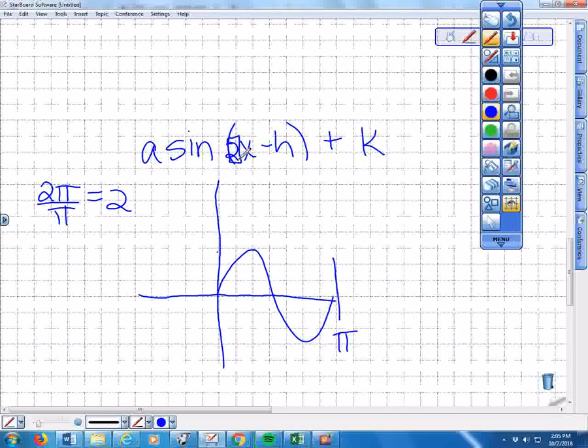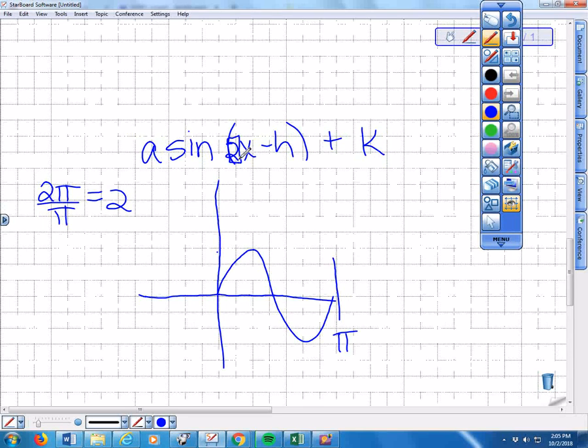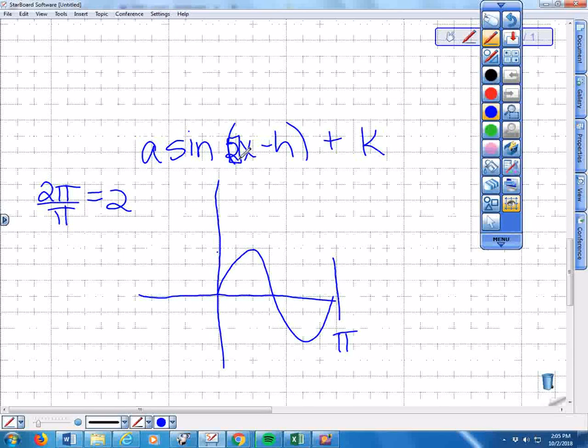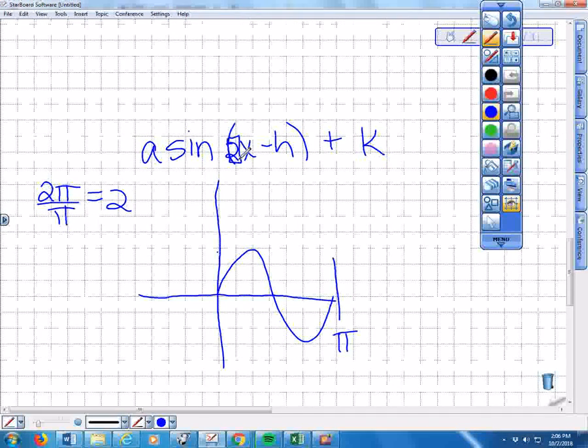Okay, now when you look at tangent, cotangent, you're going to take pi divided by whatever that coefficient is, or pi divided by your period, because the period of tangent and cotangent is pi and not 2 pi. Secant and cosecant, though, will go back to 2 pi.